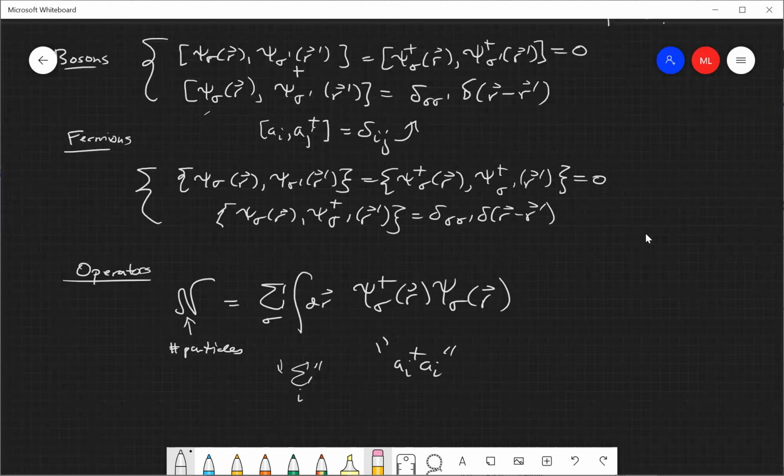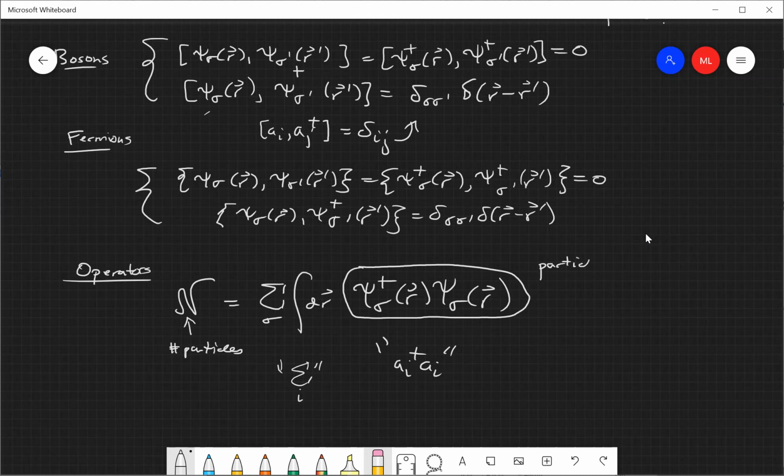What you see now, this product of these guys, looks like a density operator. So this is really a particle density operator, because once we integrate over it, we get the total number of particles.